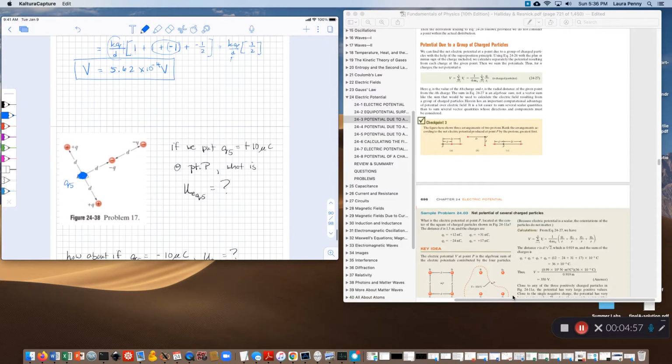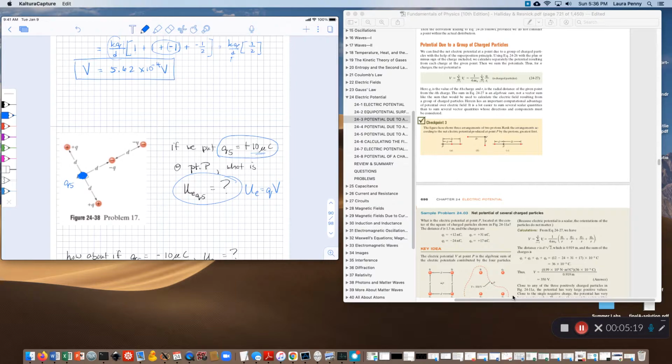If I put a fifth charge at that location, which is actually a fairly large charge, at that point, what's the electric potential energy? The electric potential energy equation, remember, is Q times the electric potential. So this is a lot like electric field and electric force.